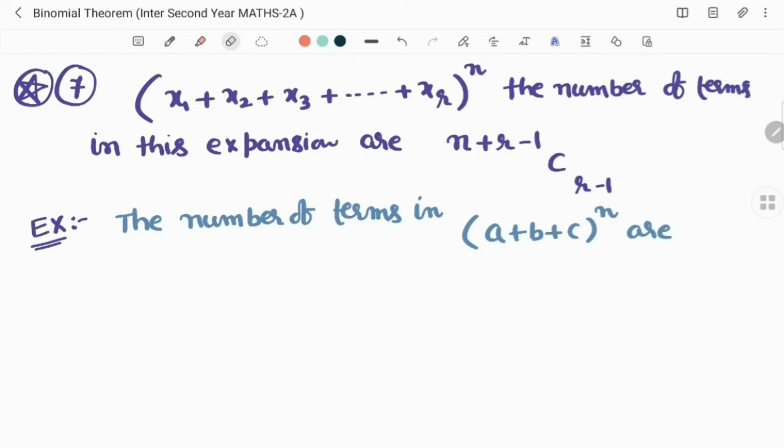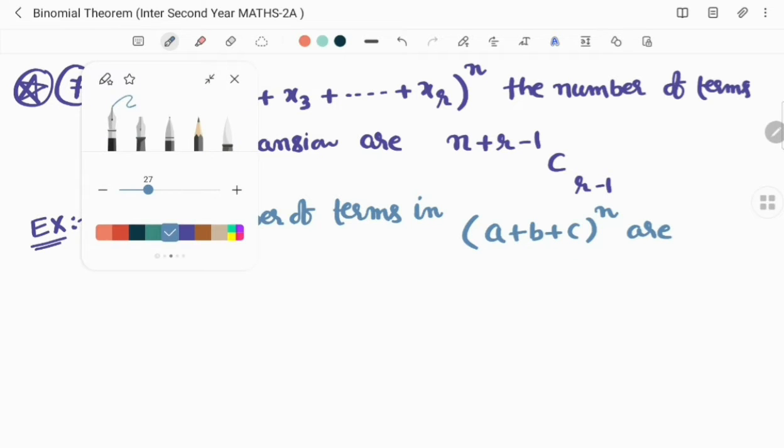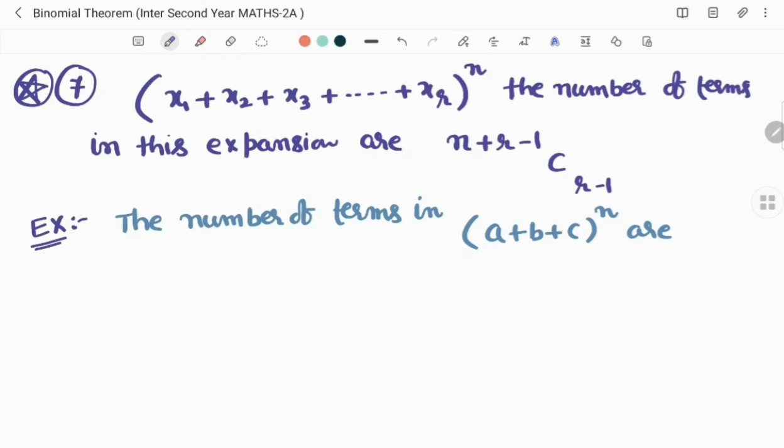So the r value is 3, and n is equal to n only.